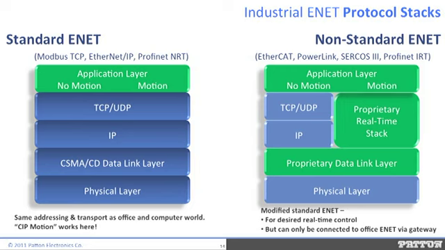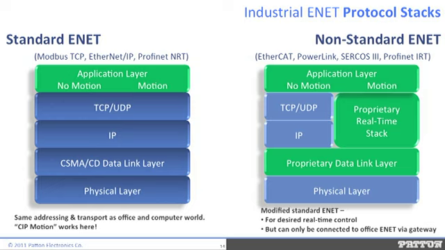Don't misunderstand me. They did not do this maliciously. They were intensely concerned with real-time applications. But Ethernet is non-deterministic. That is a major issue. Therefore, standard Ethernet is modified for desired real-time control.